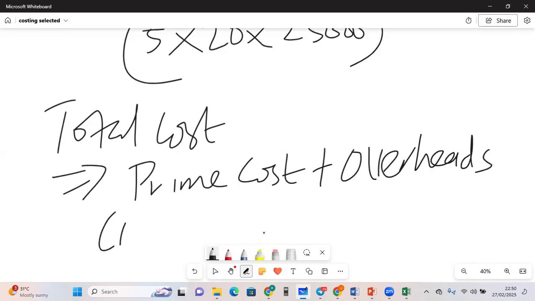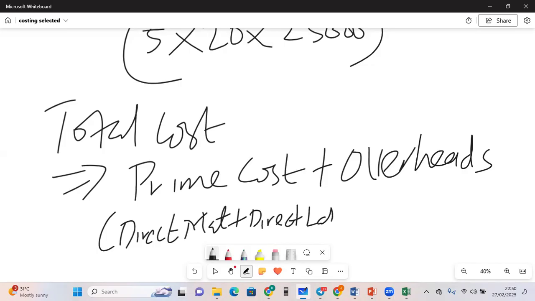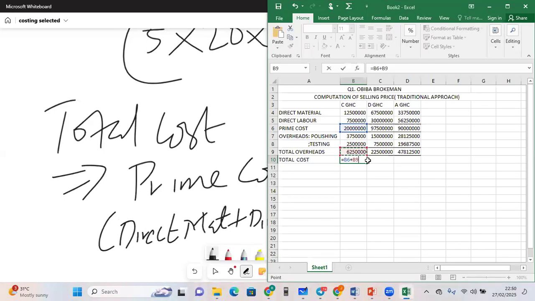This one is going to be direct material plus direct labor. Right. Try to put the rest. So this is the total cost.